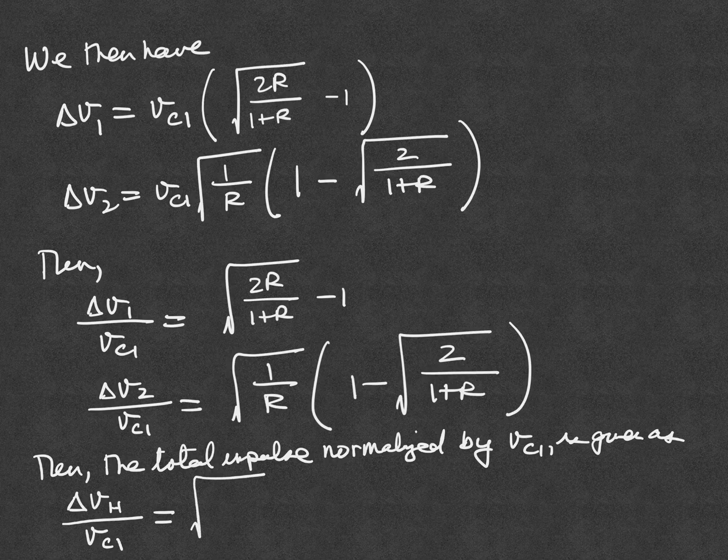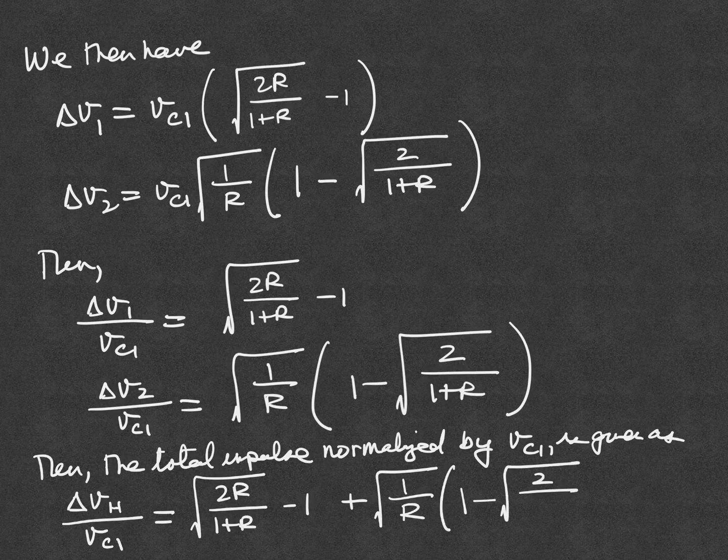So it's the square root of 2r all divided by 1 plus r minus 1 plus the square root of 1 over r times 1 minus the square root of 2 over 1 plus r.